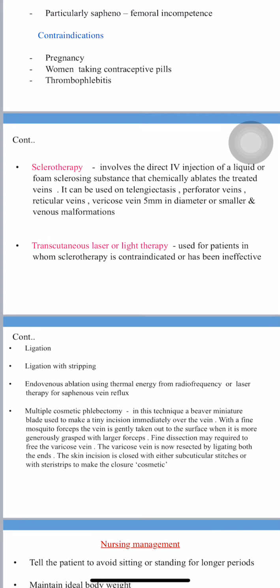Sclerotherapy involves the direct IV injection of a liquid or foam sclerosing substance that chemically ablates the treated veins. It can be used on telangiectasias, perforating veins, reticular veins, varicose veins which are 5 millimeters in diameter or smaller, or in case of venous malformations.